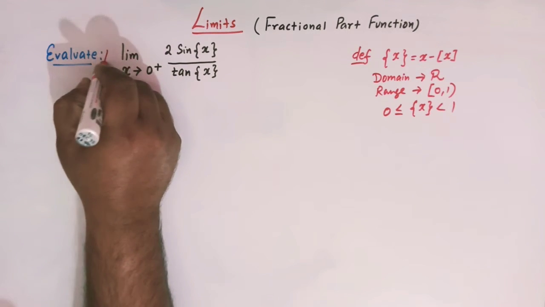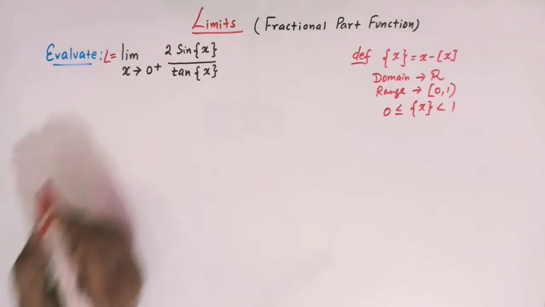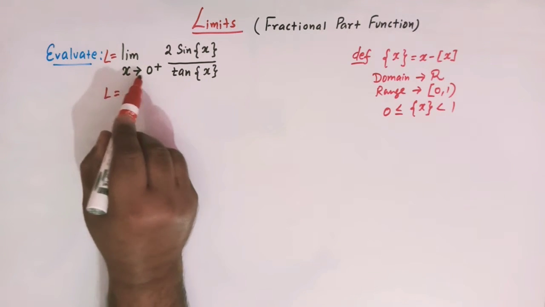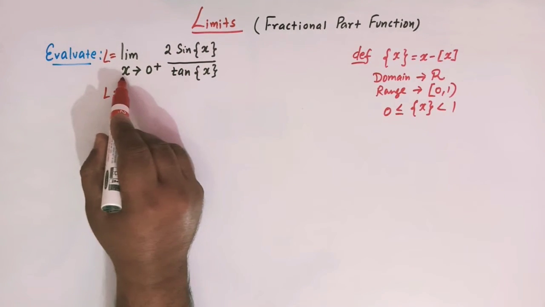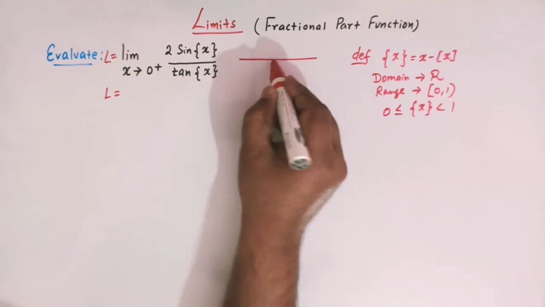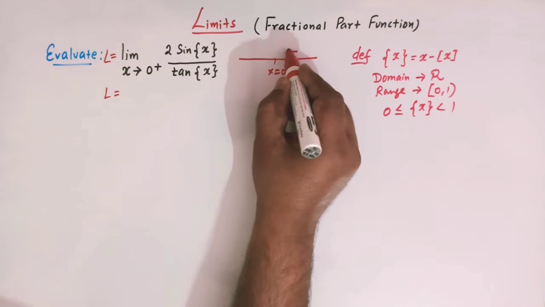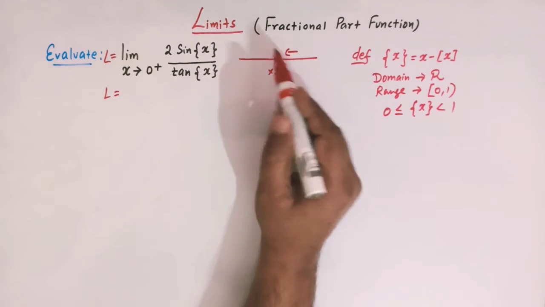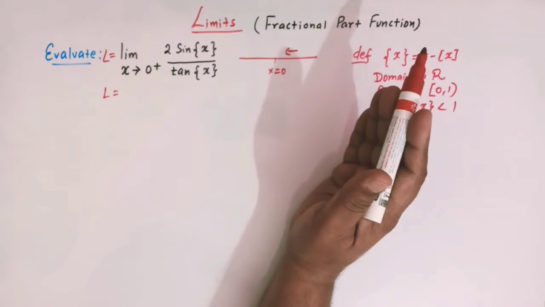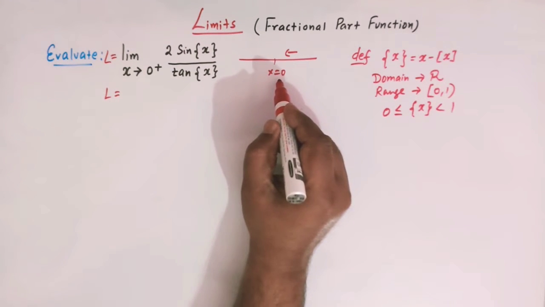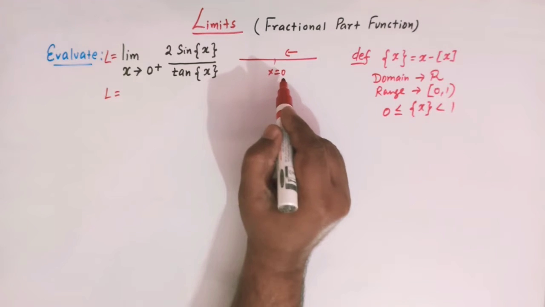So let us call this limit L. Now we have to find the right hand limit of this function when x approaches 0 from the right of 0. It means all the values of x approaching 0 are greater than 0.